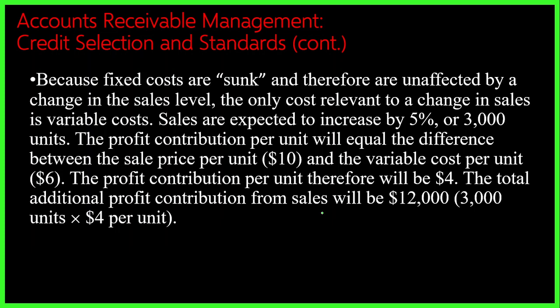Saan po nanggaling yung 3,000 units? This is actually 63,000 minus 60,000. Di ba? 60,000 will increase by 5%. 5% is 3,000. And there you go. What's this for? This is 10, the selling price, minus the variable cost per unit, which is 6.